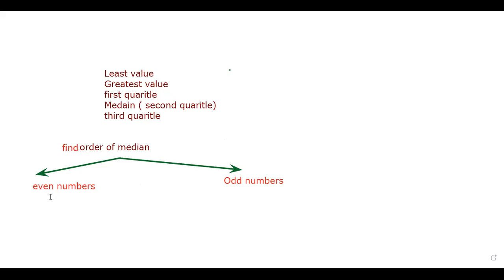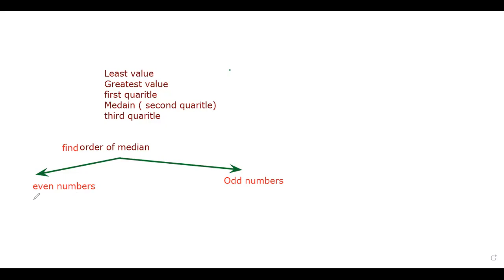There will be 2 numbers or only 1 number? 2 numbers. Yes. So if you have even numbers, Ahmed Saber, could you please tell me what is the rule which we can use to find the median in any set of data? The rule for finding the median for an even set is we get the 2 numbers that are in the middle, we add them, then divide by 2.